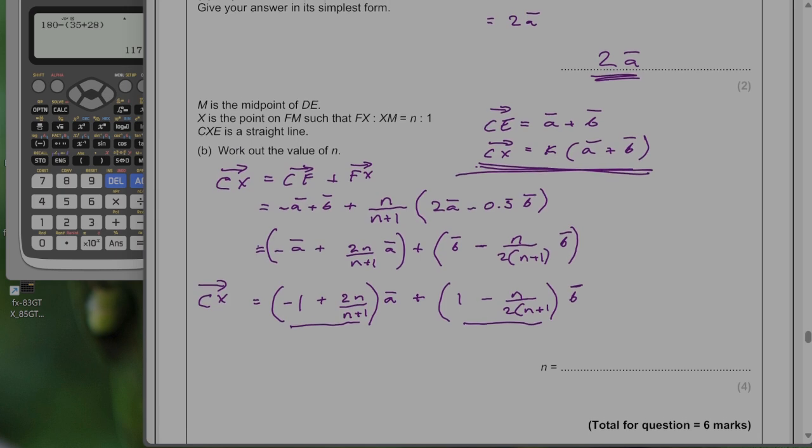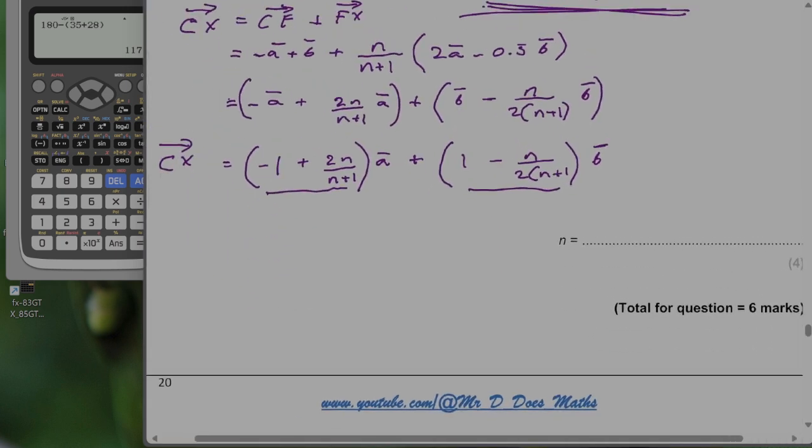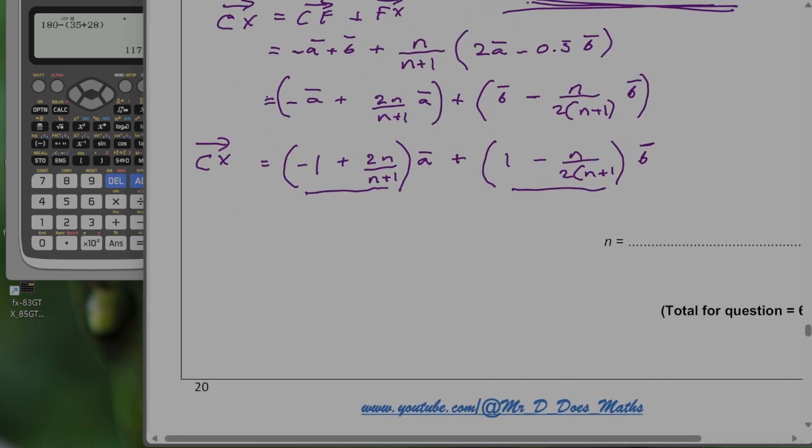Have I got enough space to do this? Struggling a little bit, so I'm going to zoom in a tiny bit. So minus 1 plus 2n over n plus 1 has to be equal to 1 minus n over 2 lots of n plus 1.